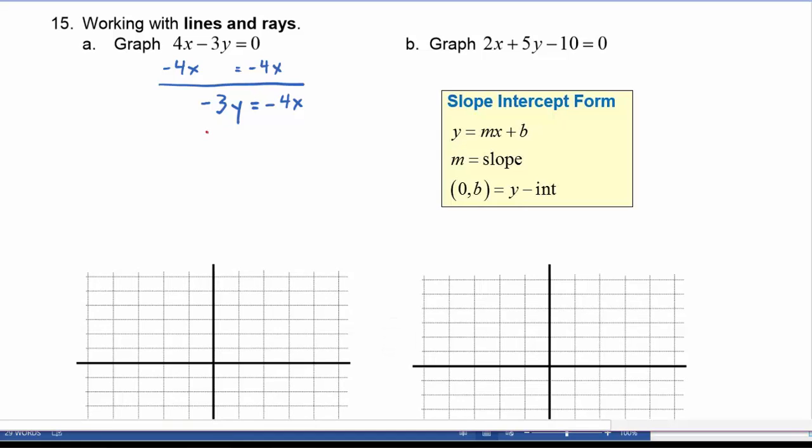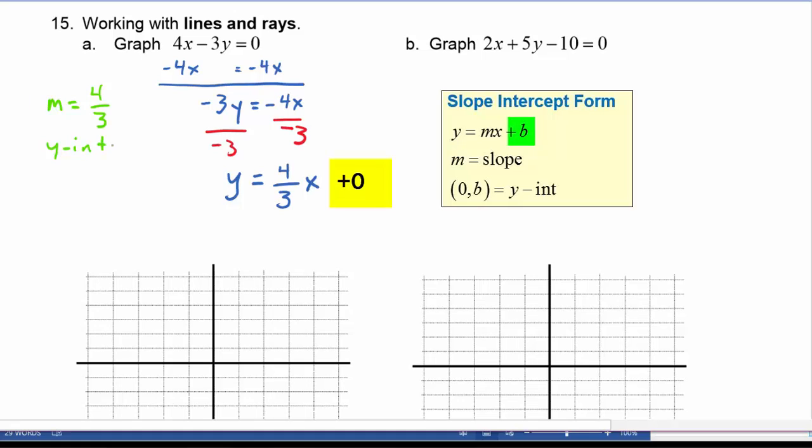I'm going to divide both sides by negative 3. And now we have that y is equal to 4/3 x. So we know that our slope is equal to 4/3 and our y-intercept is equal to 0, 0.